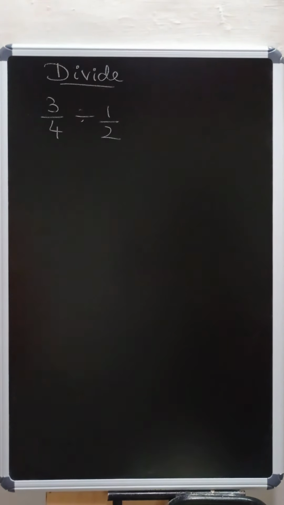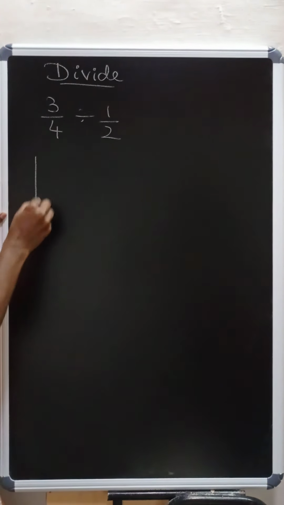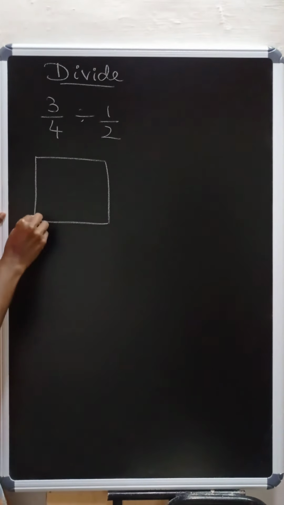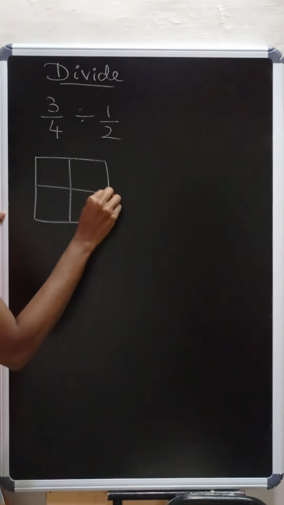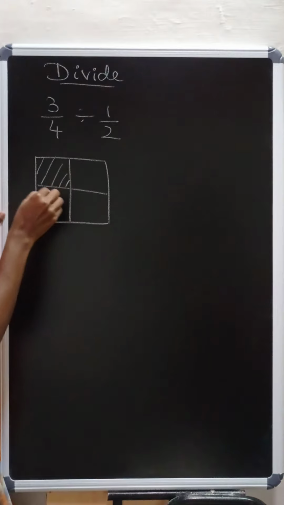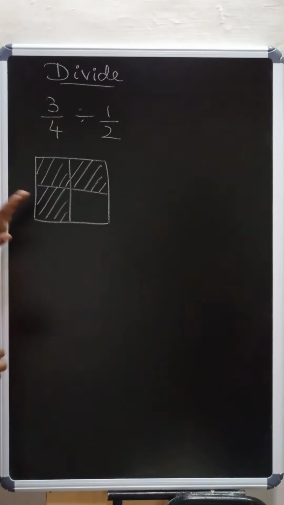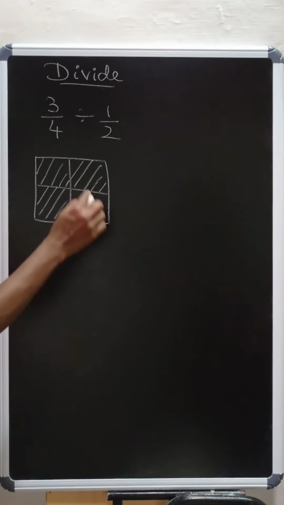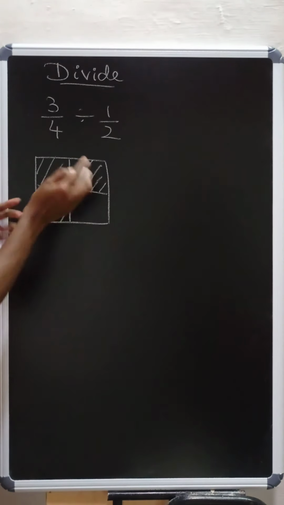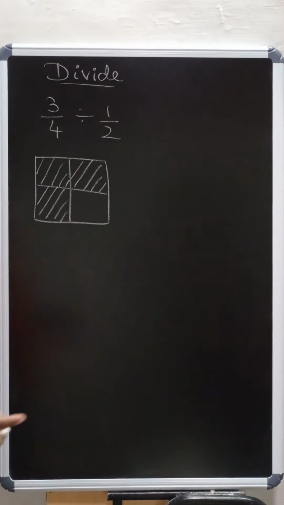Now we will see one more example. 3 by 4. So 4 equal parts and I have shaded 3. Now from the shaded portion, identify how many halves are shaded. 1 half is shaded and in another one, half of a half is shaded, right?